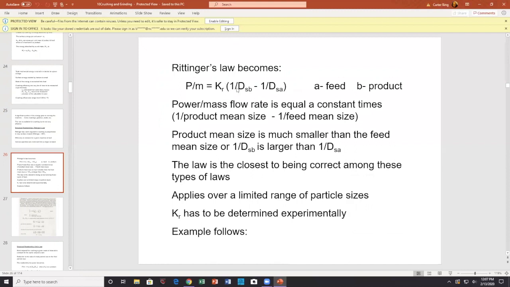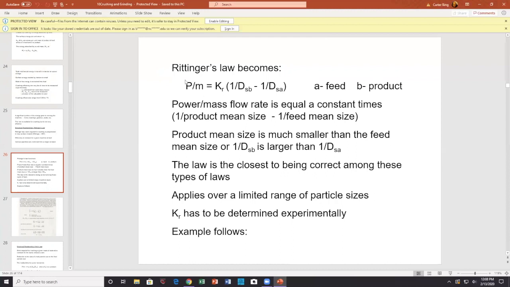You have 1 over the size of the product, which will be a large number in comparison to 1 over the diameter of the small object. Small feed, excuse me, the feed, which is large. You have large feeds going to small product, so this will be a positive number. And then you measure the power to mass flow rate.